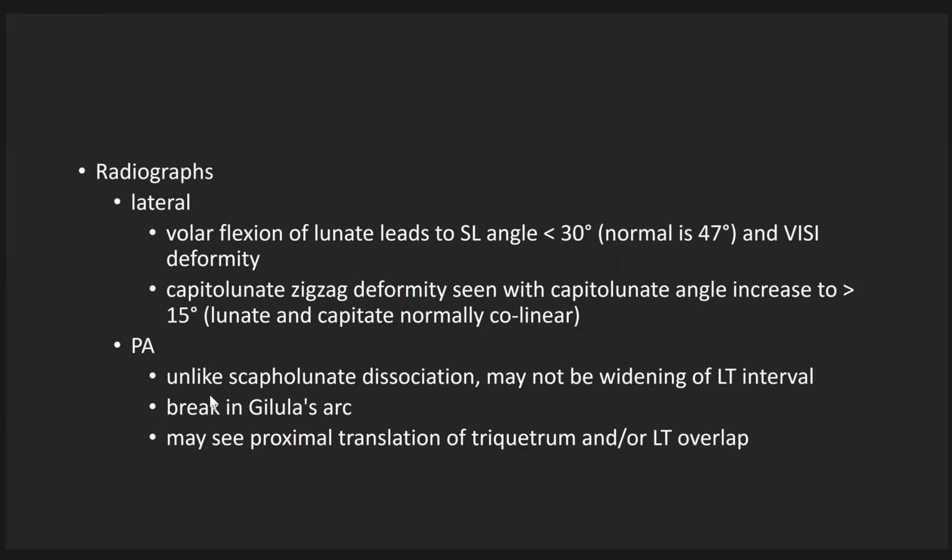In the PA view, unlike scapholunate dissociation, there may not be widening of the lunotriquetral interval. There is a break in the arcs, and we have proximal translation of the triquetrum with or without lunotriquetral overlap.